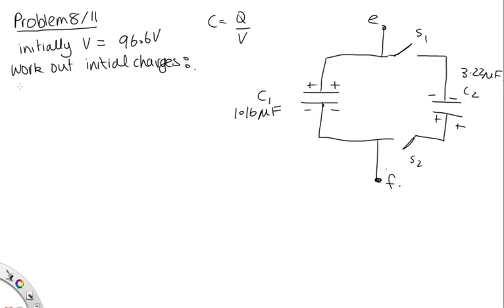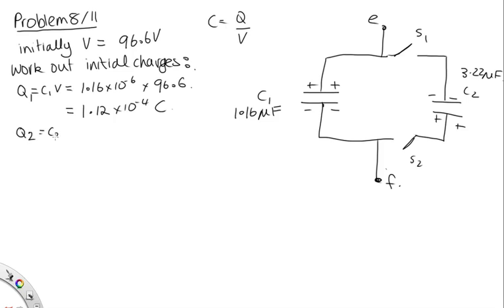Okay, so Q1, the charge on capacitor 1 initially, will be equal to C1V, which will be 1.16 times 10 to the minus 6 times 96.6. Solving that on the calculator, we end up with 1.12 times 10 to the minus 4 coulombs.